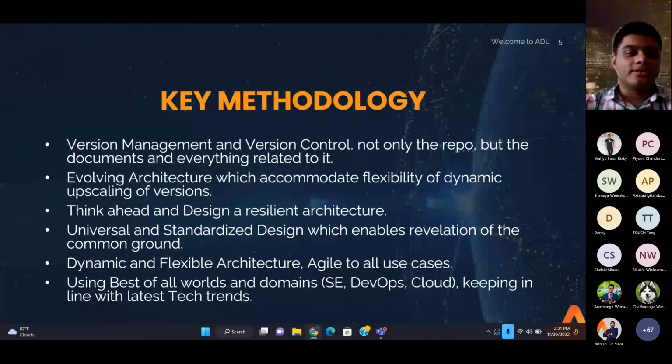So for this, we should think ahead and design a resilient architecture which is bulletproof and sound, which will accommodate different pressure and impactful scenarios, and would be resilient regardless of whatever changes it may go through.